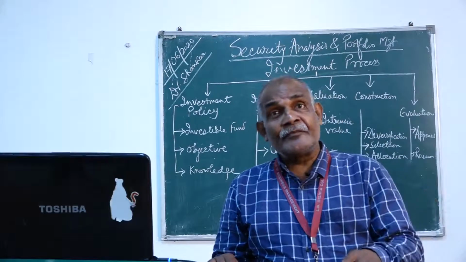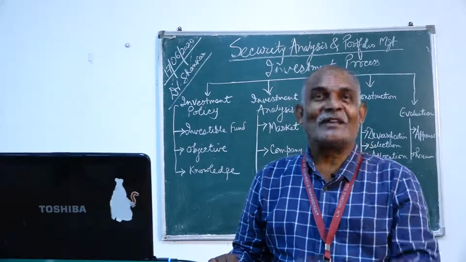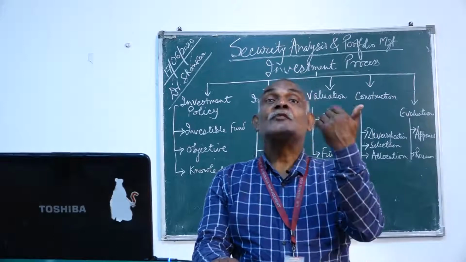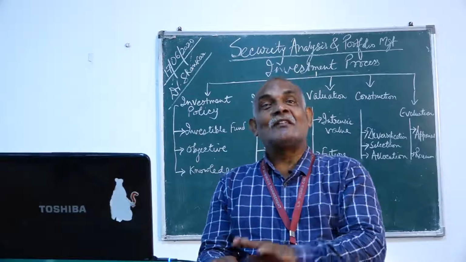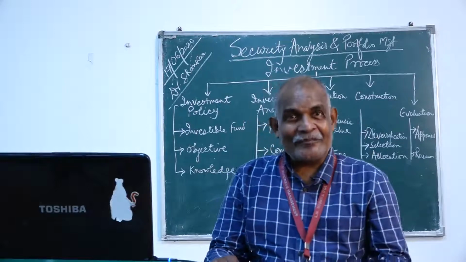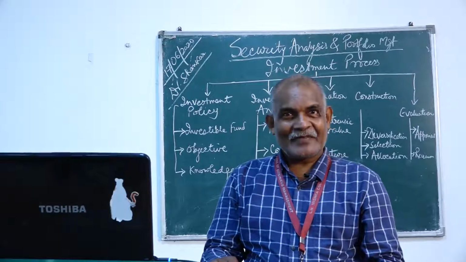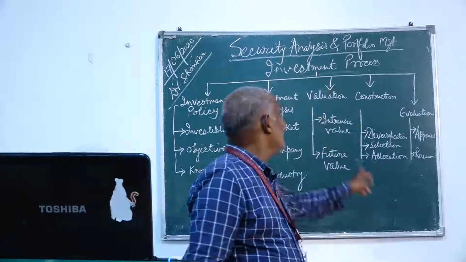In the market, there are industries. In industry, there are companies. So first of all, we have to analyze the market. Thereafter, we will analyze the industry. And after that, we will analyze the company. Is that clear?